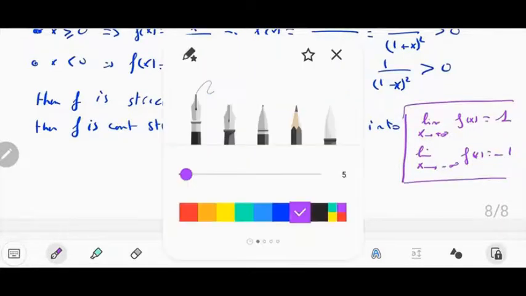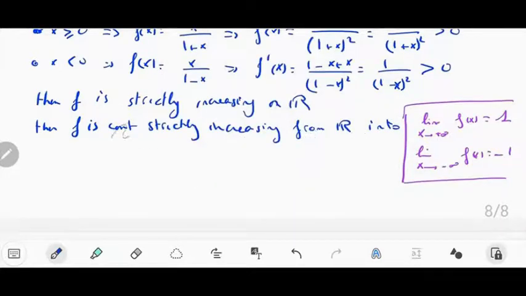So f goes from R into minus 1, 1, so it's continuous, strictly increasing from R into minus 1, 1.